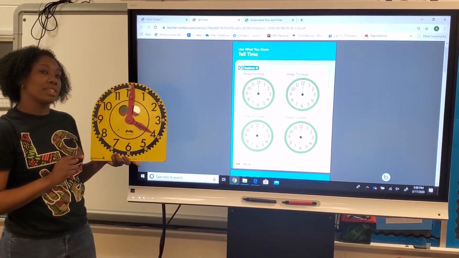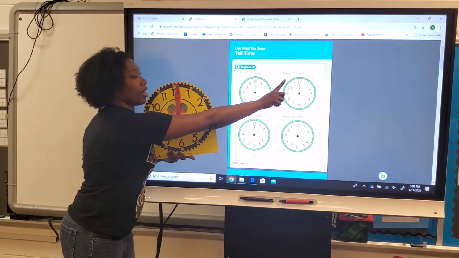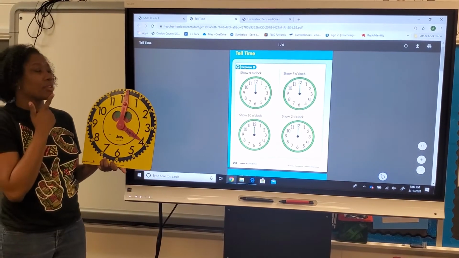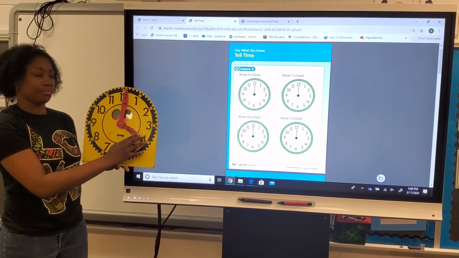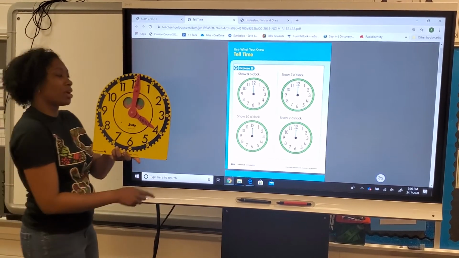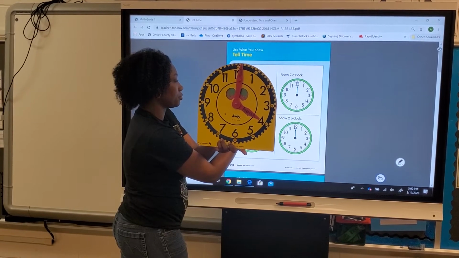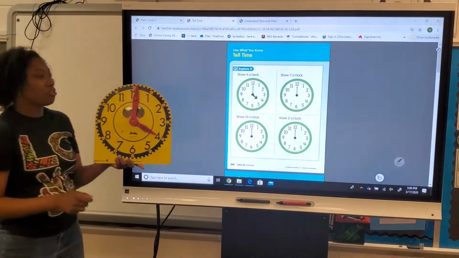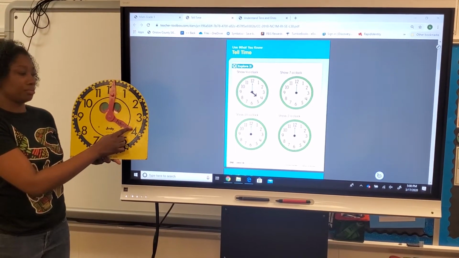Okay, now we're going to move to 7 o'clock. Think about how you did 4 o'clock. How would 7 o'clock look on your clock? Think about that. As you're doing that, I'm going to draw my 4 o'clock because I forgot to put it here. So how would you move your hour hand to make it 7 o'clock?